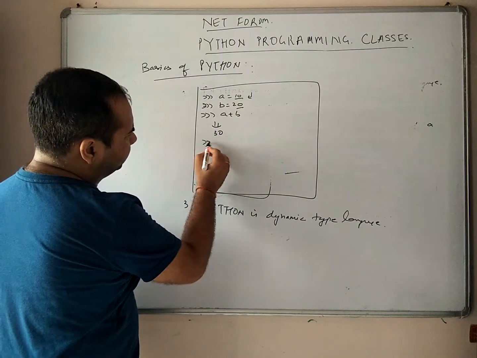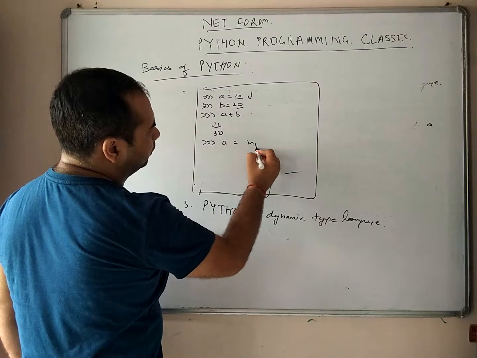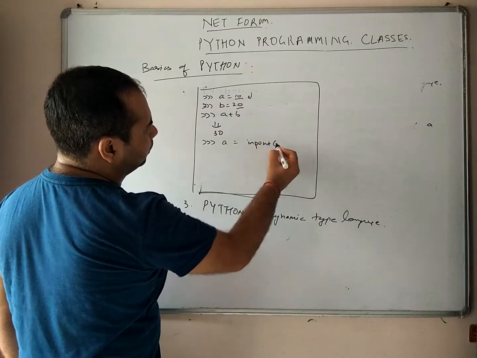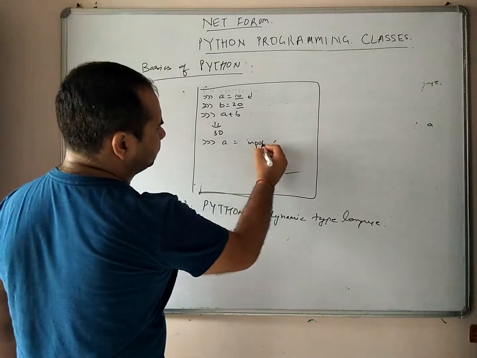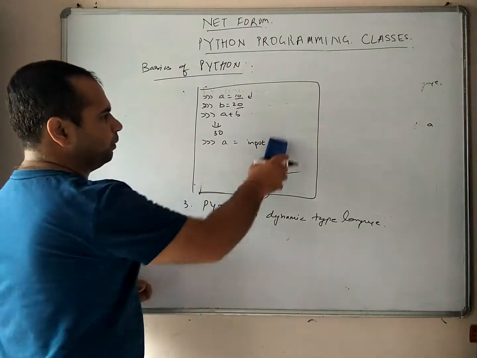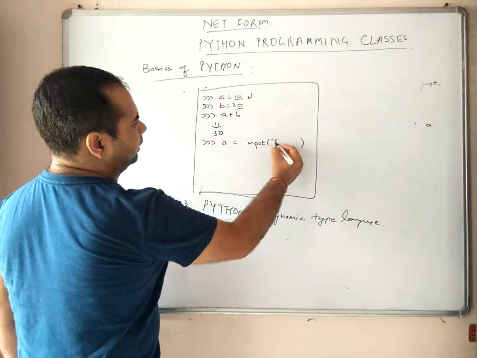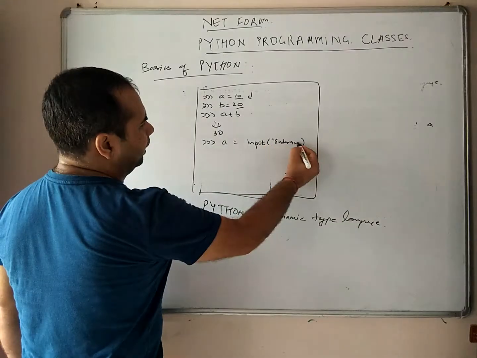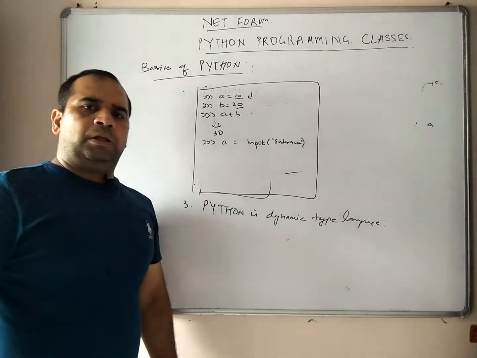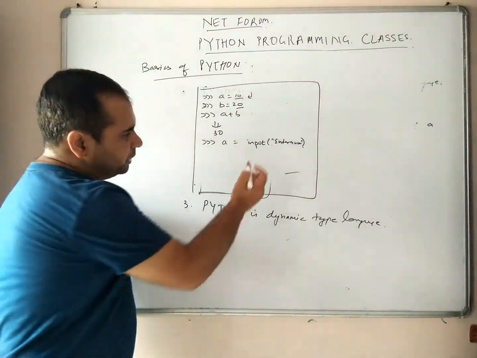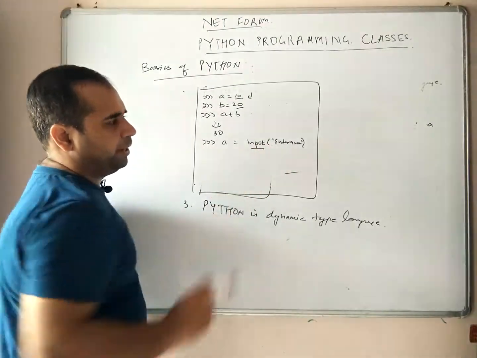If we take the input from the console, suppose we write enter a number, right? Since input is a keyword to take the input from the console, a equal to input, enter a number.